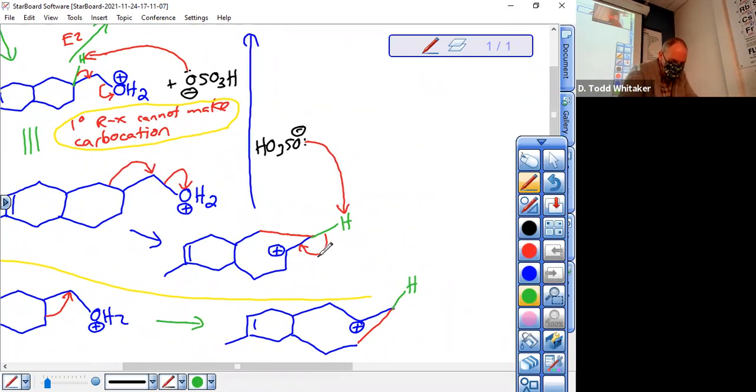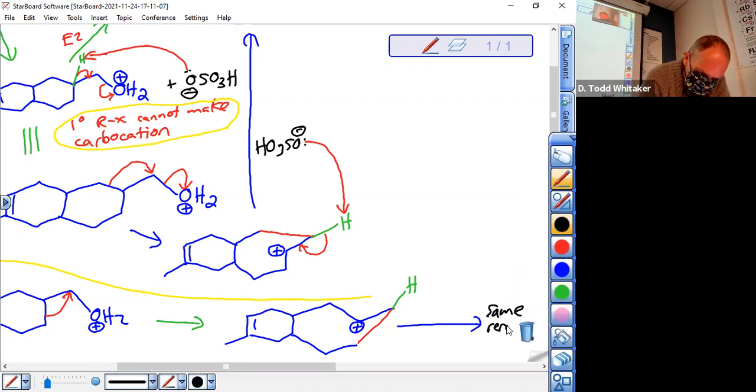It's the second one off the ring. This one's the third carbon off the ring. But it goes to the same product if you do this. Same result if you get OSO3H.